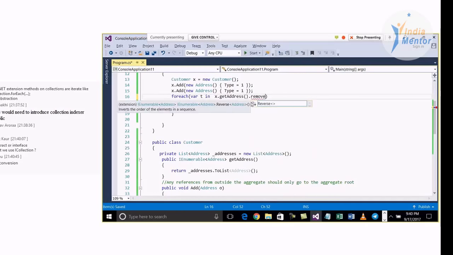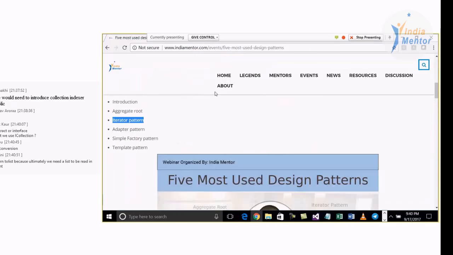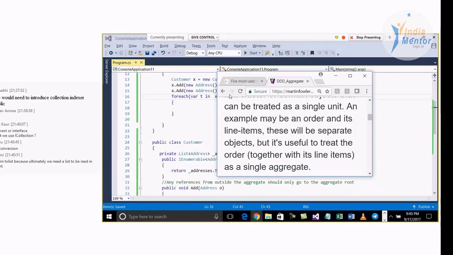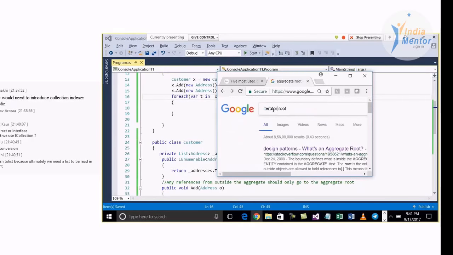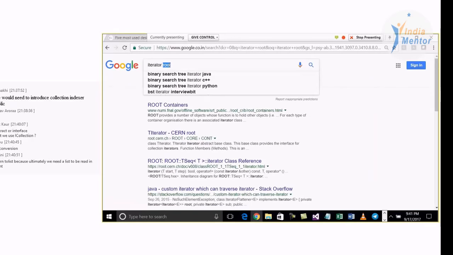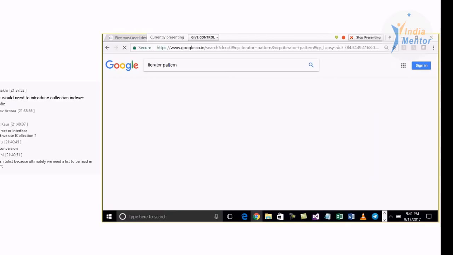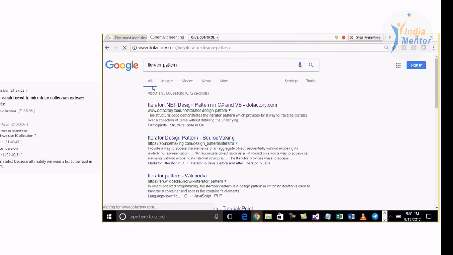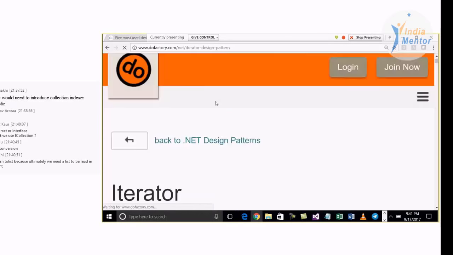but it does not expose those manipulative methods. So if you read the iterator pattern definition online, let me go to the definitions. Always remember, guys, read the definition from two or three sources. Let me take up Do Factory because they have one-liners.